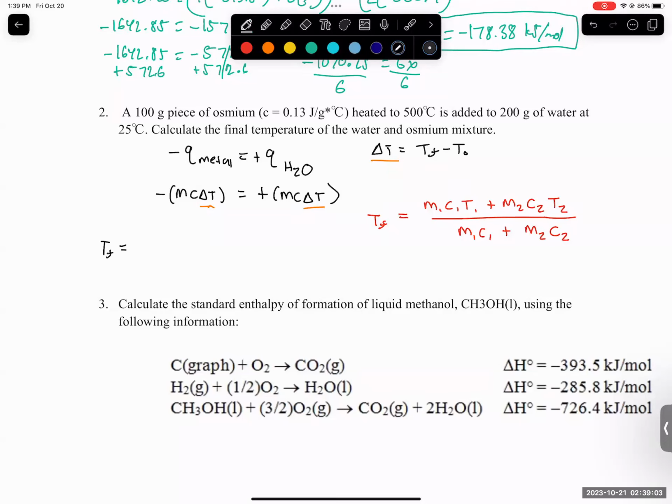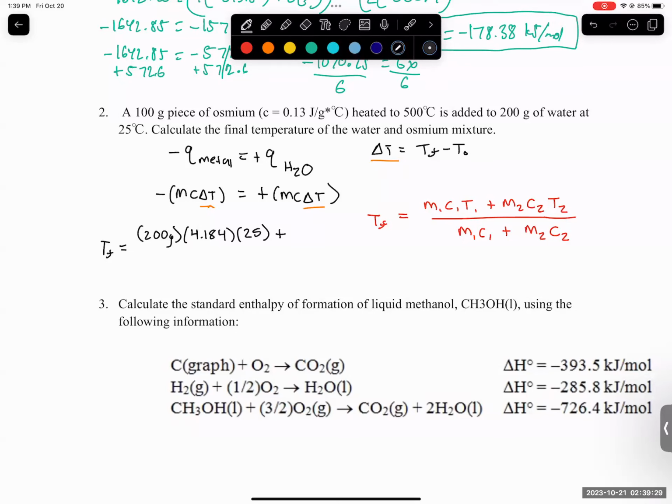Let's designate the water as 1, so all the variables with the 1 will be for the water, and 2 will be for the metal. So the mass of the water was 200 grams. The specific heat of water is something that we have to know. And the initial temperature of the water was 25 degrees Celsius.